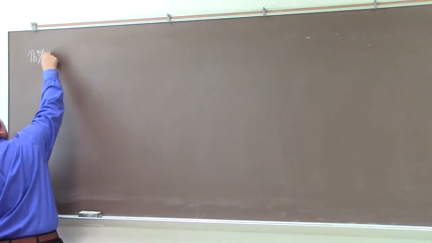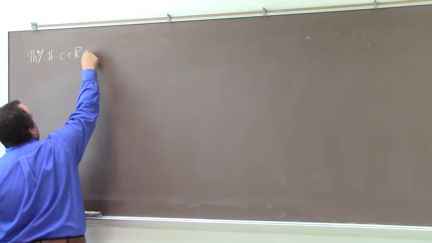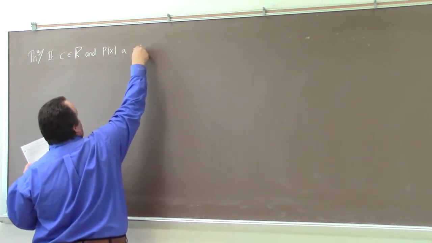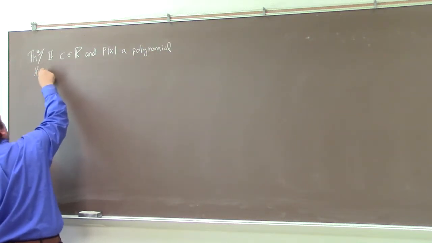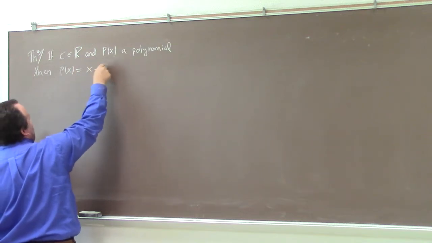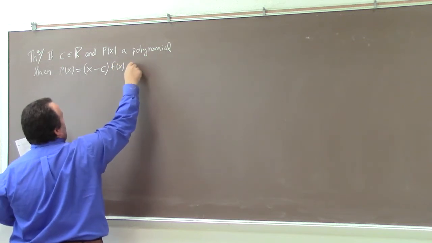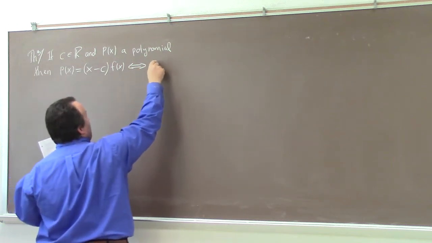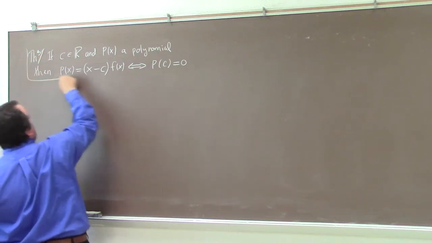Which is: if C is a real number and P of X is a polynomial, then P of X is equal to X minus C times F of X if and only if P of C is equal to 0. All right? So this is the factor theorem.